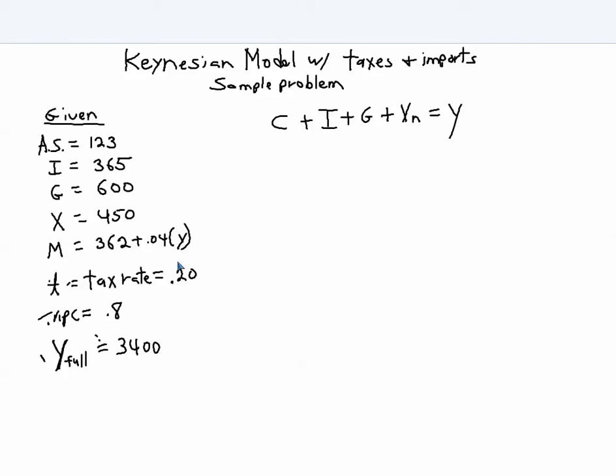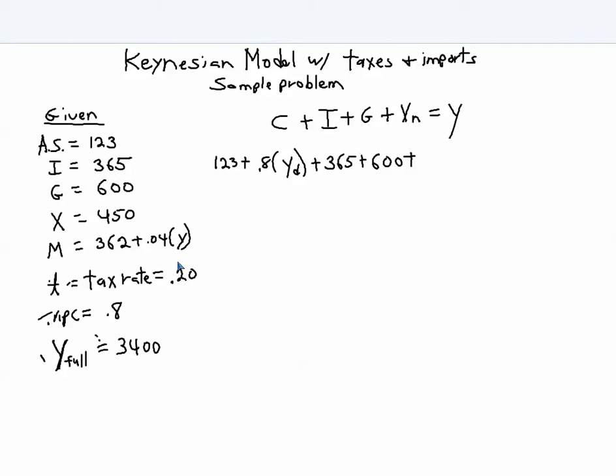Alright, so let's get started. So consumption, of course, is autonomous spending, which is 123, plus the marginal propensity to consume, which is 0.8, times disposable income. I know it's disposable income in this case because I have taxes, so that's YD. Plus investment is just given as 365, plus government spending is given as 600, plus net exports.